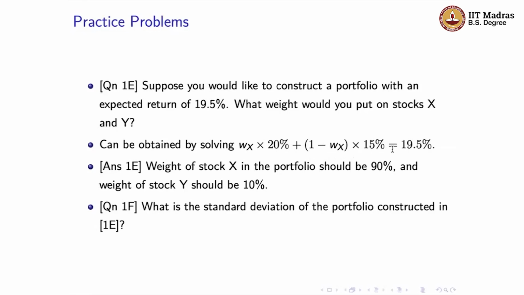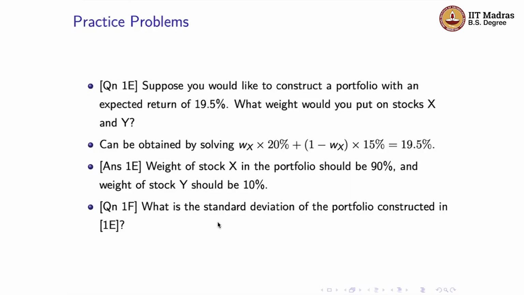And we want this to add up to 19.5%. So if we do the calculations, we'll end up getting that WX is equal to 90%, and WY therefore is going to be 10% or 0.1, right? So that's how we can calculate it.